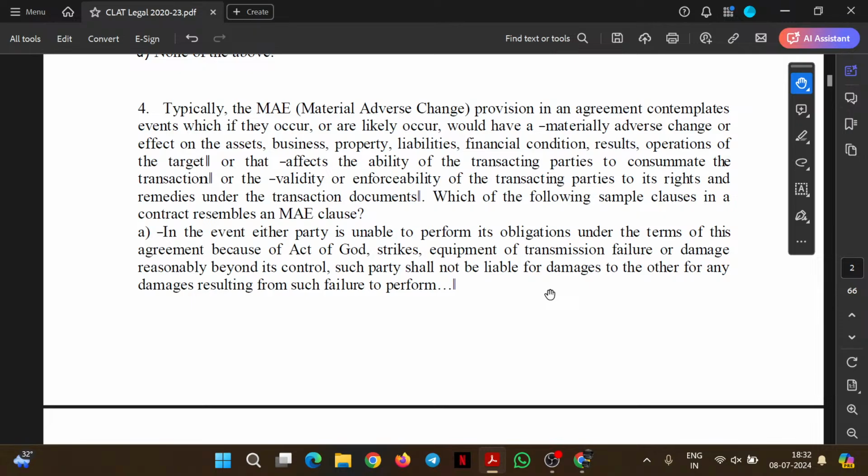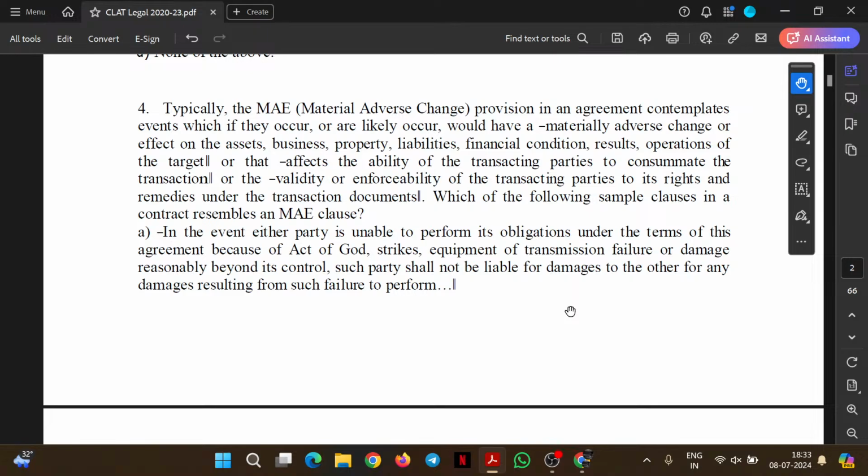Or the validity or the transacting parties' rights and remedies under the transaction documents. Which of the following sample clauses in the contract resembles an MAE clause? In the event either party is unable to perform its obligations under the terms of this agreement because of act of God, strikes, equipment or transmission failure, or damage reasonably beyond its control, such party shall not be liable for damages to the other party for any damages resulting from such failure to perform.